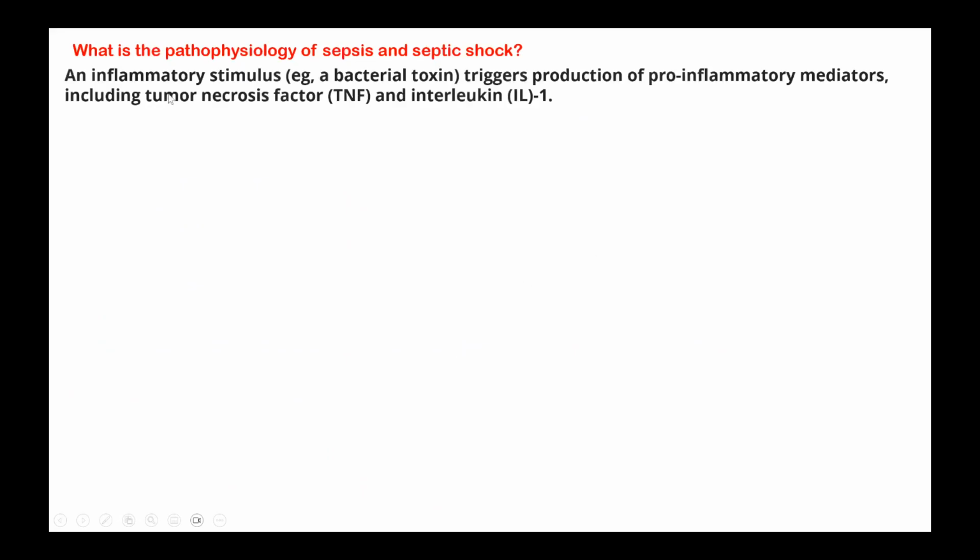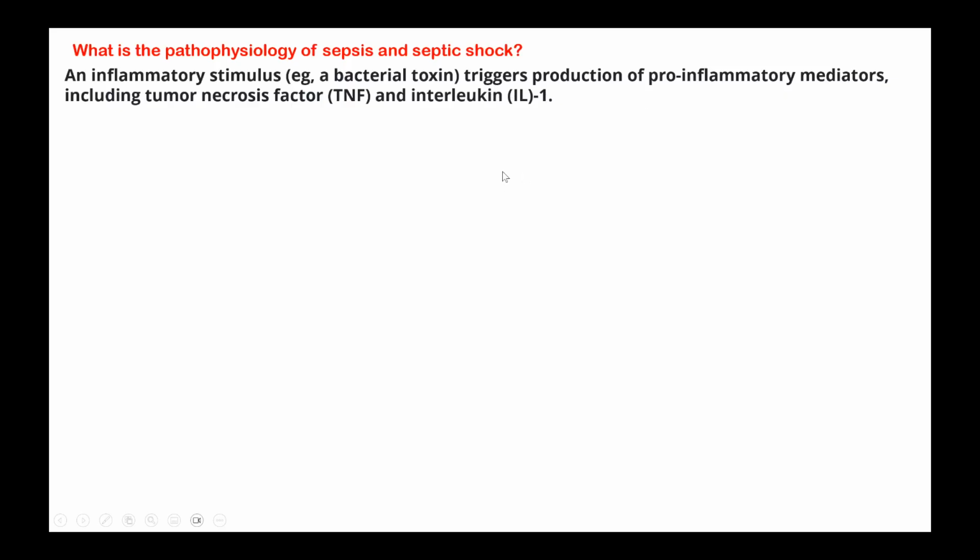Now, the pathophysiology of sepsis and septic shock: there is an inflammatory stimulus, either a bacterial toxin or the proteins produced by it, that triggers production of pro-inflammatory and anti-inflammatory mediators. The pro-inflammatory will be the first one.